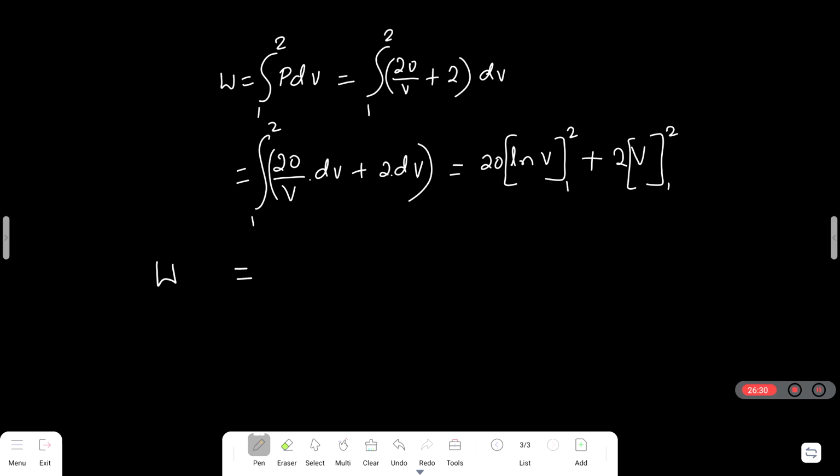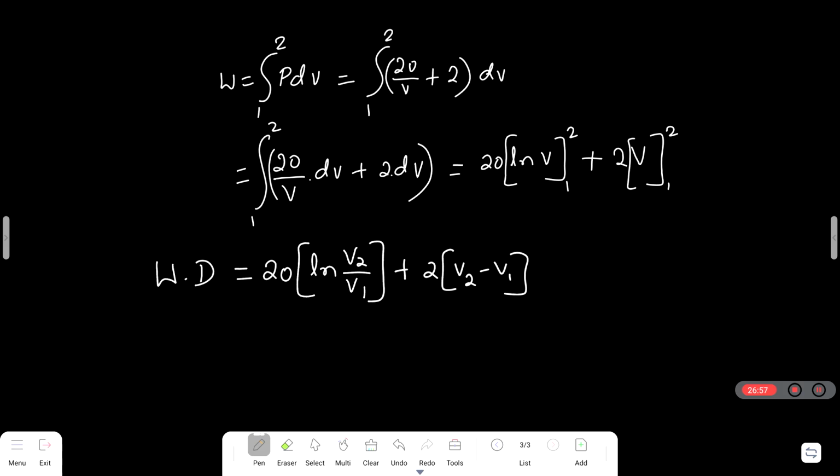So work done is equal to 20 ln of V2 by V1, plus 2 times V2 minus V1, between the limits 1 and 2.